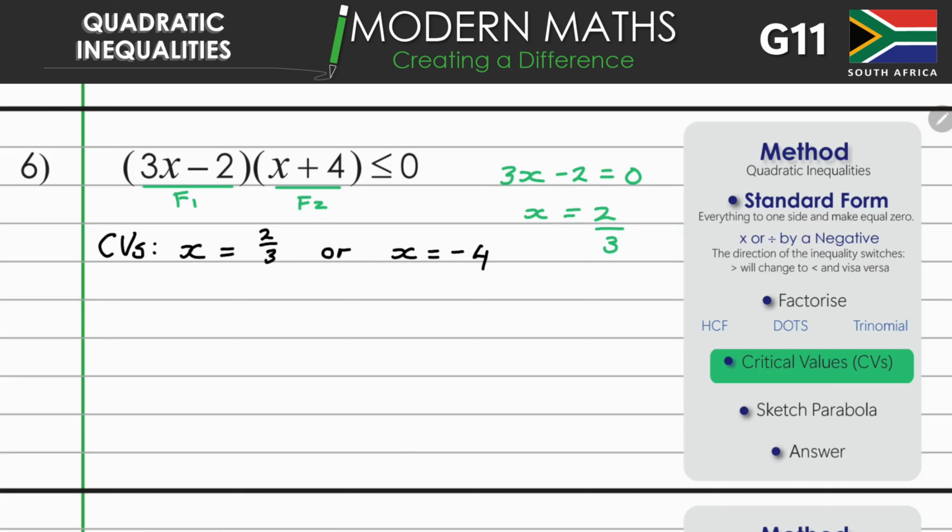Okay, and then the sketch, but we're gonna sketch the parabola. So once the parabola is sketched, we have a look at the inequality symbol. Alright, so this inequality symbol is eating the zero, which means I want to know where the parabola is less than zero, aka underneath the number line.